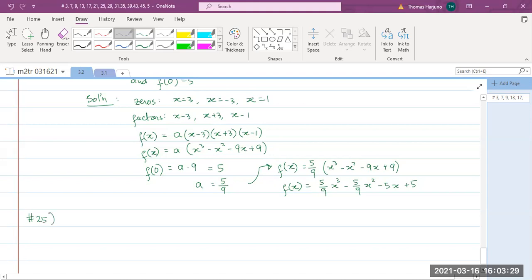Use synthetic division to find the quotient and remainder if the polynomial is divided by the second. Number 25, so we have that polynomial. Let me use p(x). The polynomial p(x) is 2x cubed minus 3x squared plus 4x minus 5 divided by q(x), the divisor, x minus 2.